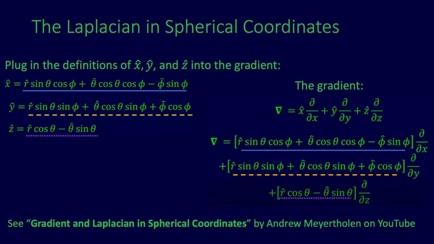It's not false. It's just less useful because we're trying to get an expression for the gradient that is purely in the variables and unit vectors for spherical coordinates, right? That's the goal.